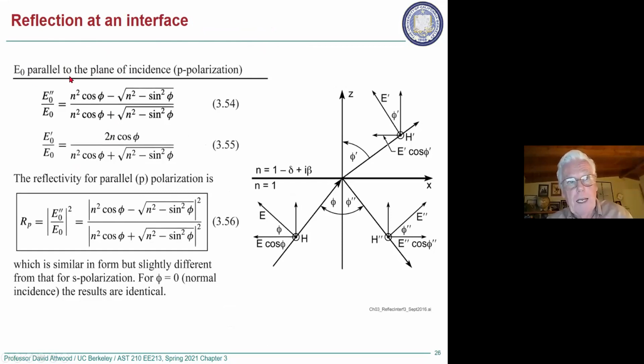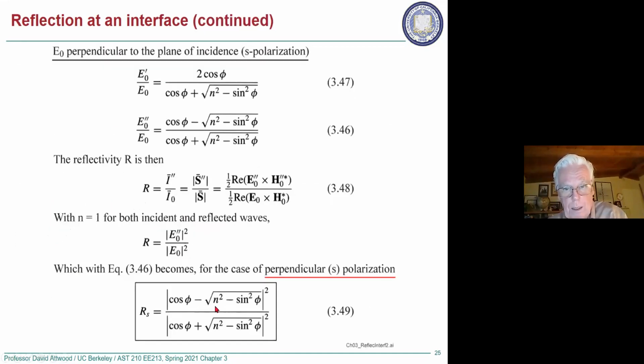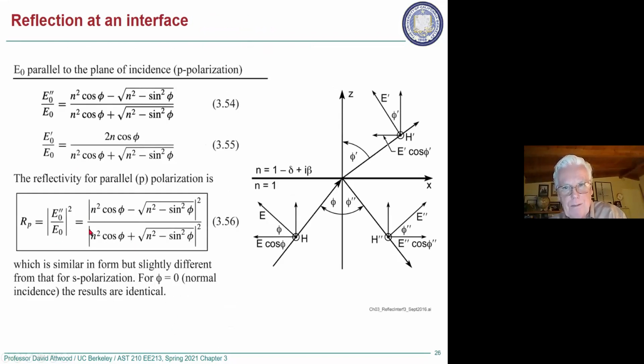We showed you how to do the one. If you do the other, these are the results that you get. The reflectivity for the parallel polarization is shown here. So they're slightly different: this doesn't have the n squared in front of it, and this one does.